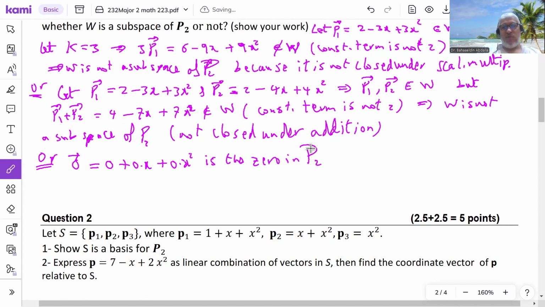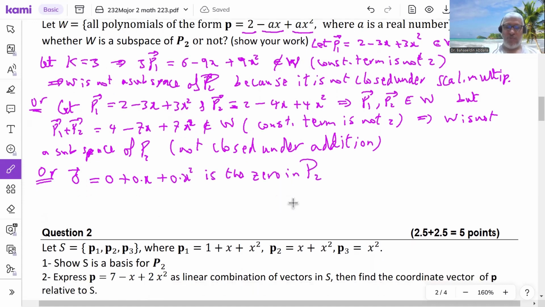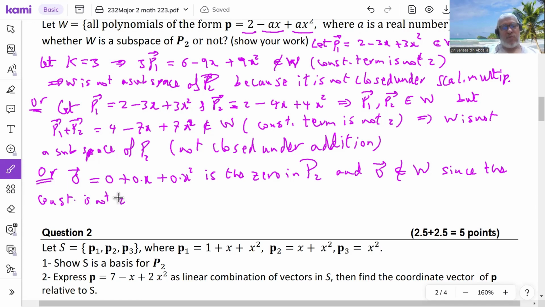P2 consists of all polynomials of degree less than or equal to 2, and this is the 0 polynomial in P2. And this 0 polynomial does not belong to W since the constant term is not 2, it is 0. So W is not a subspace.